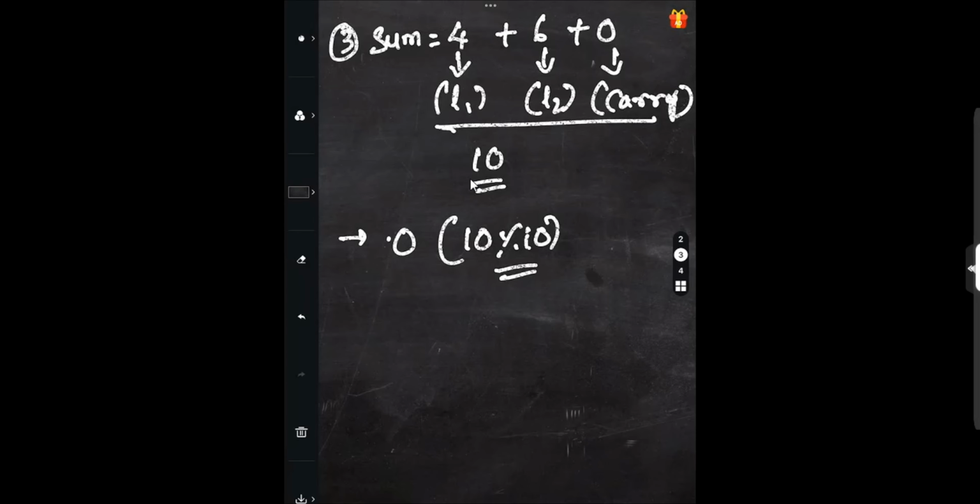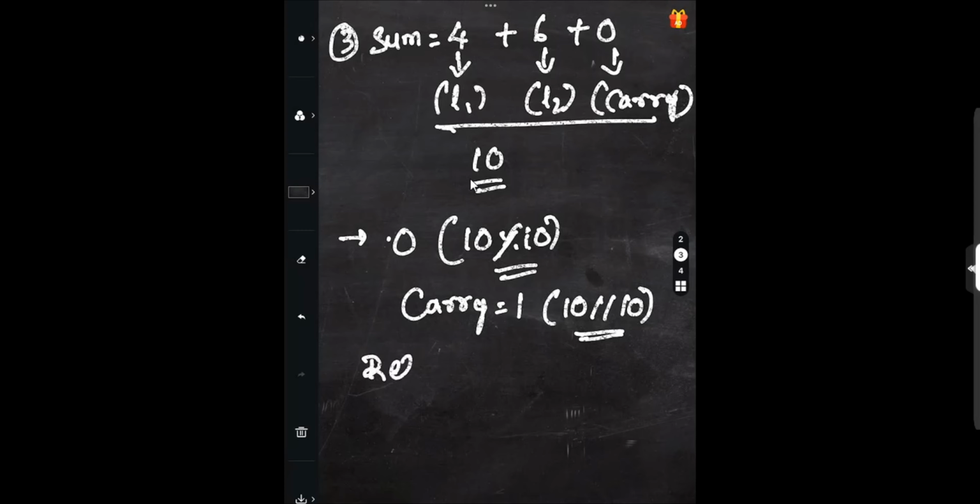We are updating the carry to 1, because when we reach 10, we have to make use of the carry 1. So here the carry will be 1. This is fine. And we are moving the L1 and L2 pointers to the next nodes, right?